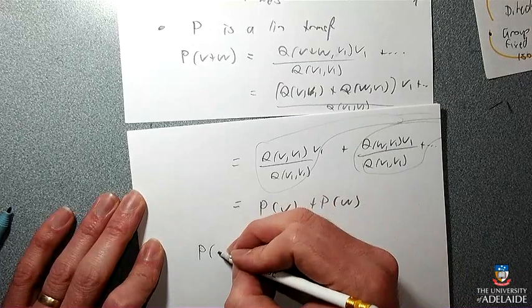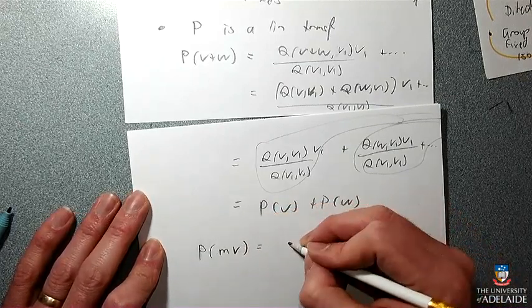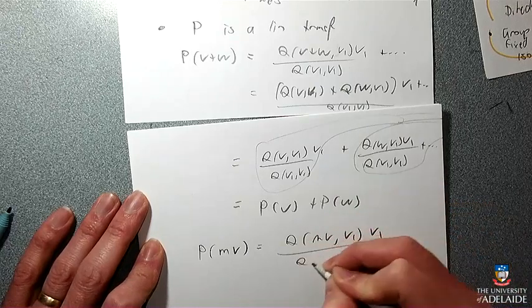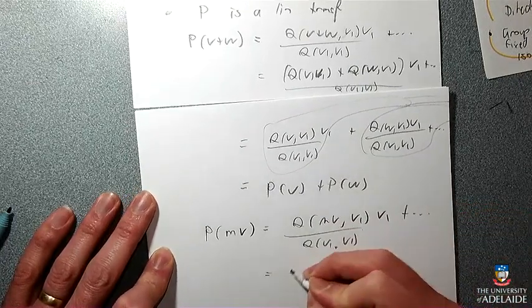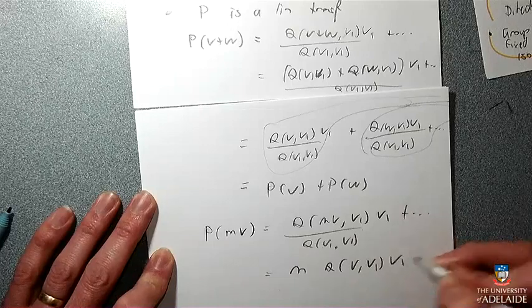P of M times V is going to be Q of MV, V1, and then I'll be able to bring the M out of that because that's how a bilinear form works.